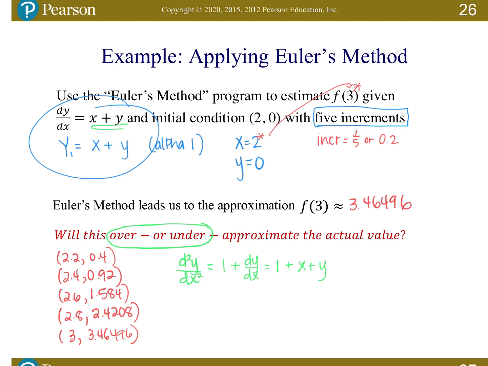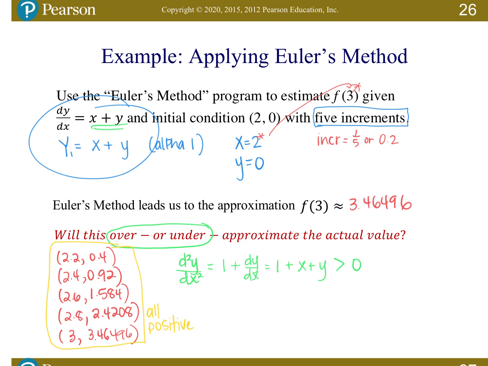And all of the values I'm dealing with, all of these incremental values, are all positive. And since these are all positive, then my second derivative would always be greater than 0, no matter what, because I'll be working with positive numbers. I'll add them together, I'll add 1, and I'll get positive numbers.